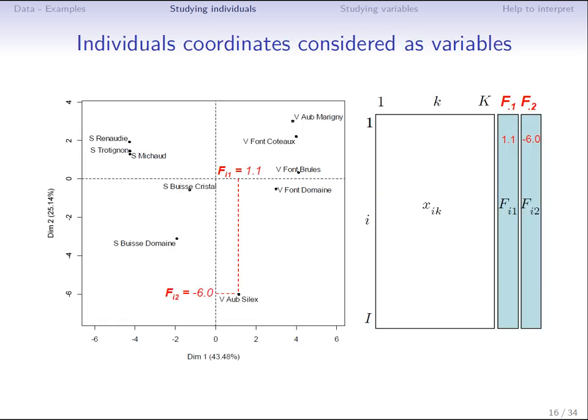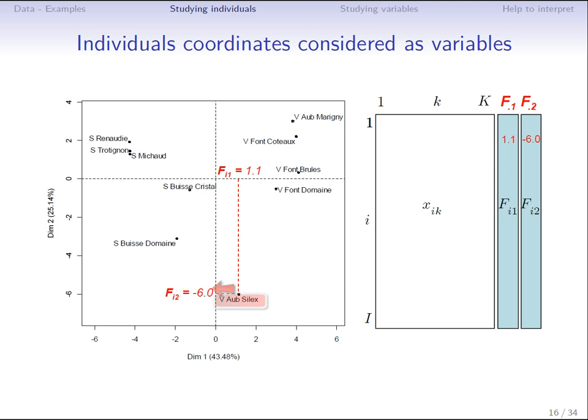What are the differences between Fontaine-Brûlé and S. Trottignon? To answer this question, we will consider the coordinates of the individuals on the dimensions. For instance, Aubussière Silex has the coordinate 1.1 on the first dimension. I will note its coordinate fi1, 1 for the first dimension, and then its coordinate on the second dimension, fi2, is equal to -6.